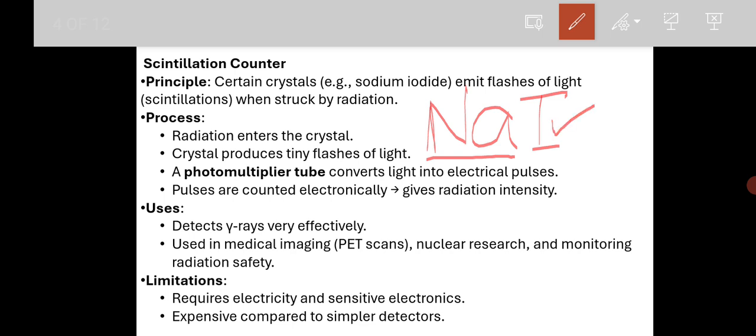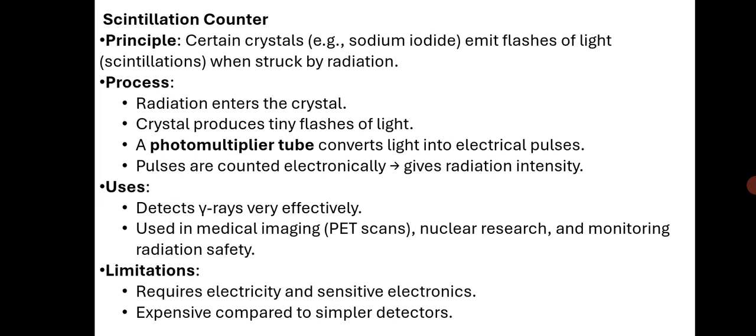Therefore, it is a salt, which is crystalline in nature. It is called sodium iodide, such that when it is struck by radiation, be it alpha or beta or gamma, it is going to emit some flashes of light, which are called scintillations. So that's the principle on which it works.